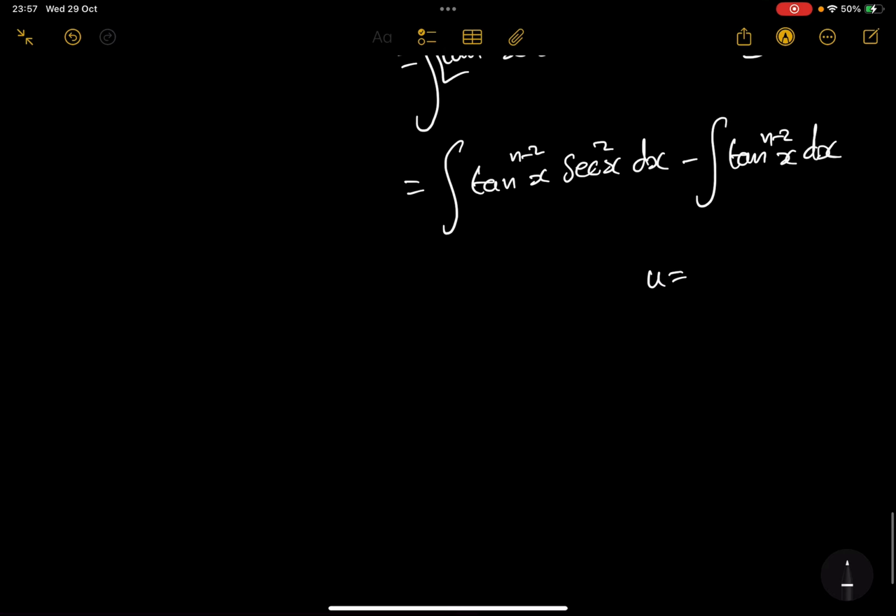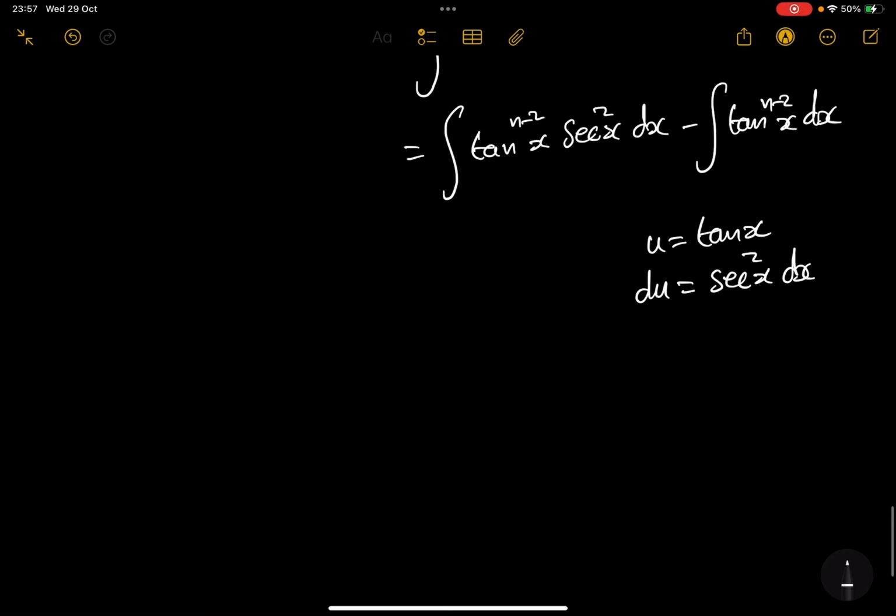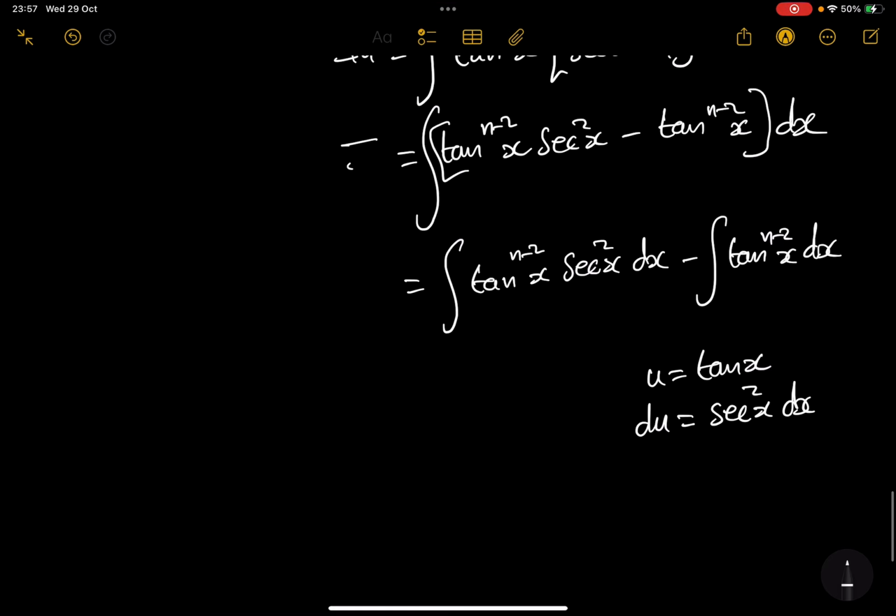Now we are going to use a substitution. So u is equal to tan x, and then du is equal to what? Sec squared x dx, right? So now from this one, remember, this is I_n.